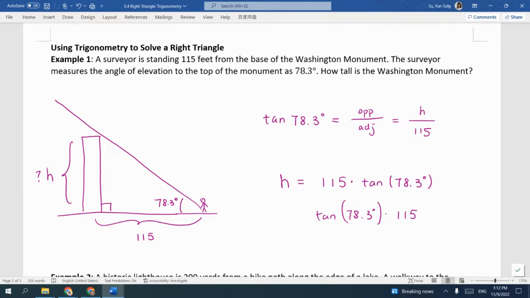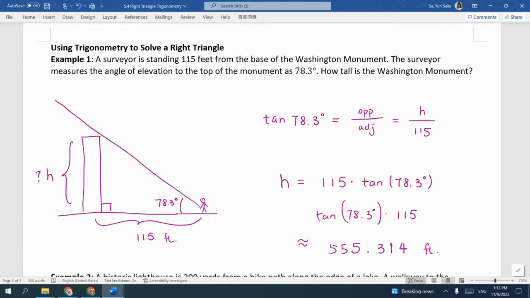Right, everybody? So now plug this in your calculator. What do you get? Yeah, put this in your calculator. What do you get? 0.314. Thank you. What's the unit? Feet. Very good. Okay.